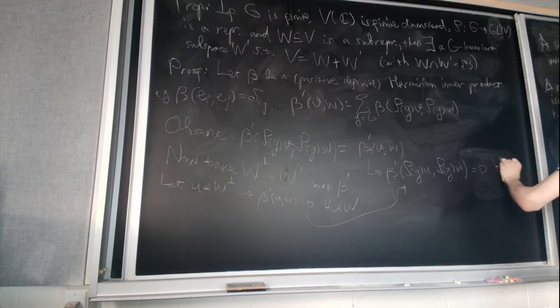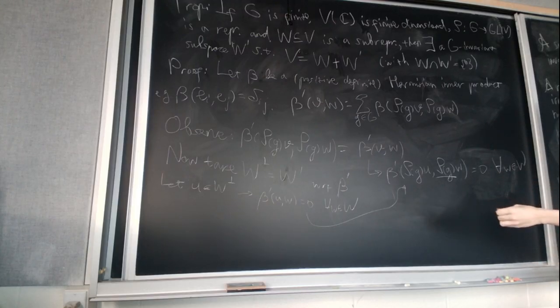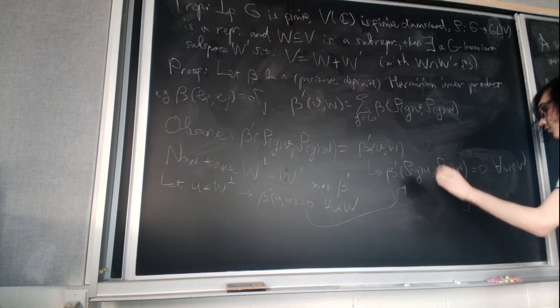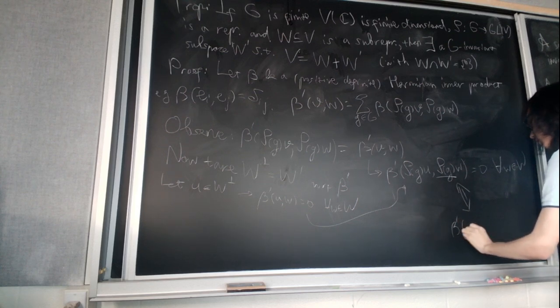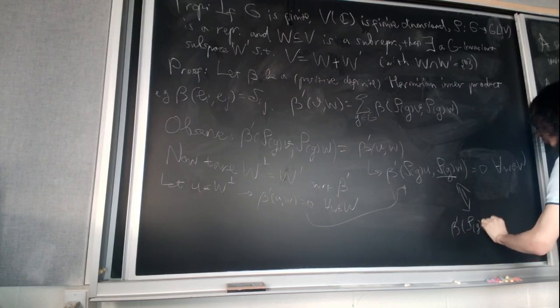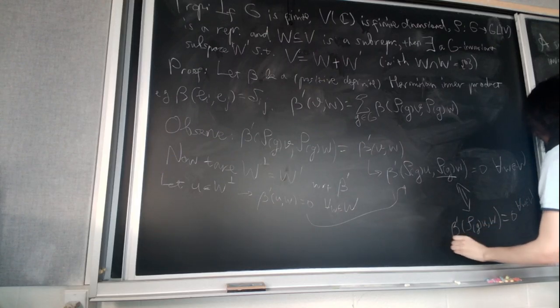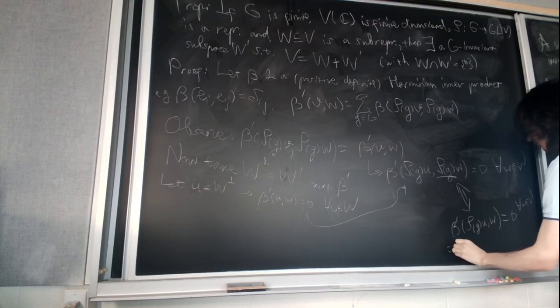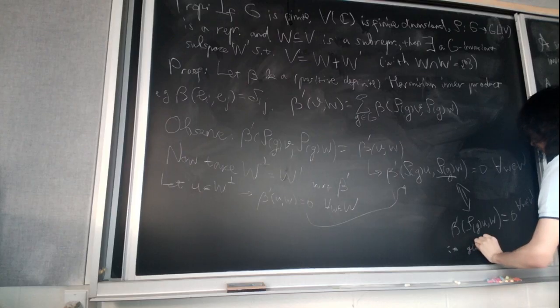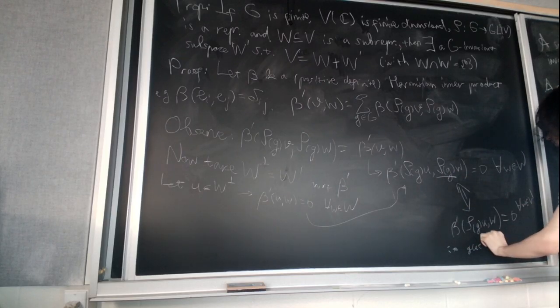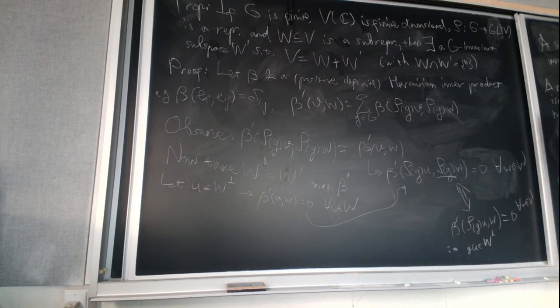But then for all w, the point is this is an invertible linear transformation, which is invariant on W, which means that this is true if and only if beta prime of rho of g of u inner product with w is equal to 0 for all w in W, i.e. g of u is again in the complement, which is to say the complement is G-invariant, right?